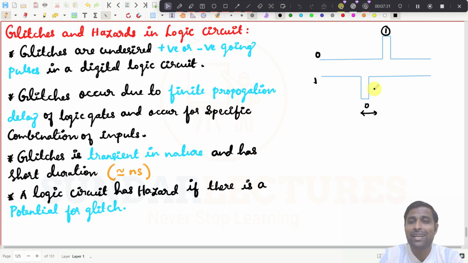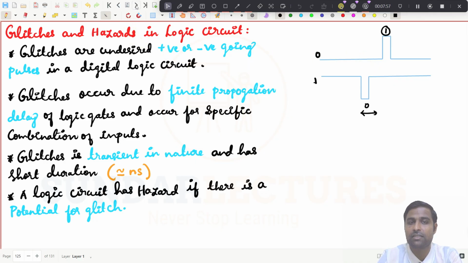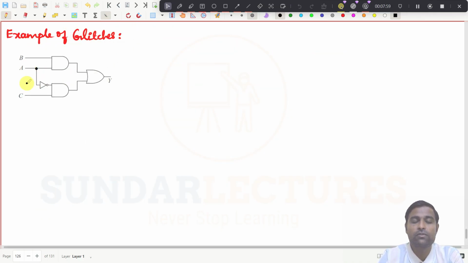So this is called glitches, the unwanted positive and negative pulses in the logic circuit, right? We have to eliminate these kinds of glitches in the output of logic circuits. If we don't eliminate them, then the desired output will not be obtained at the output of the logic circuit.